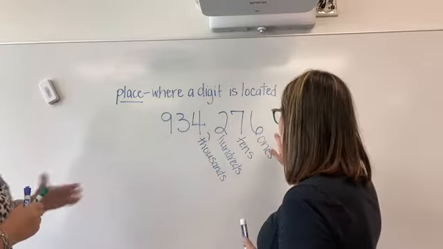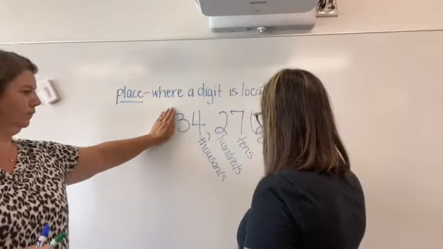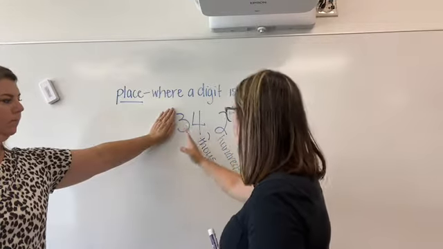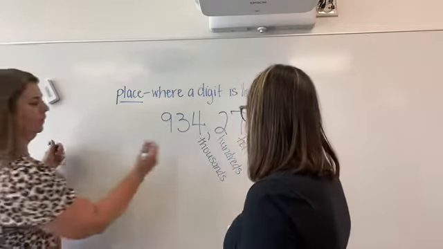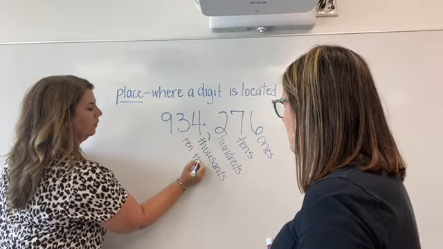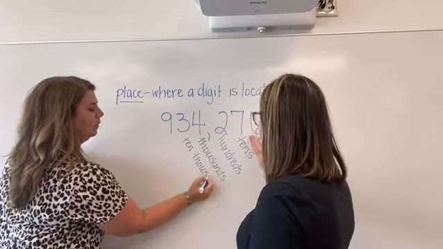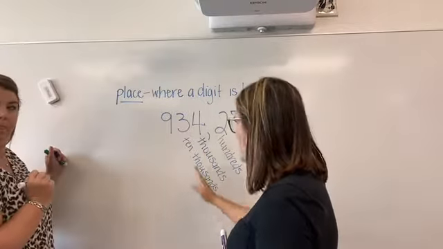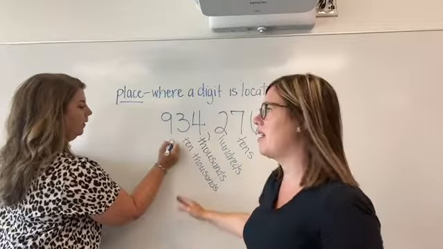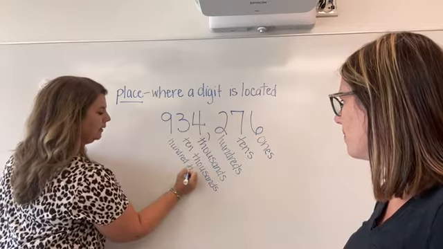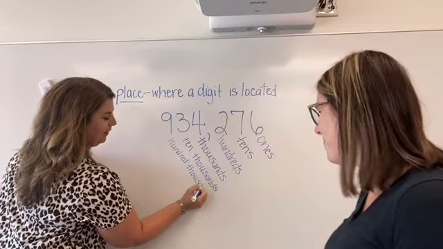Just like the ones, this is the thousands, so it goes 10,000s. And then just like after the tens, there's the hundreds, so this would go 10,000, then it would go 100,000. Good job.